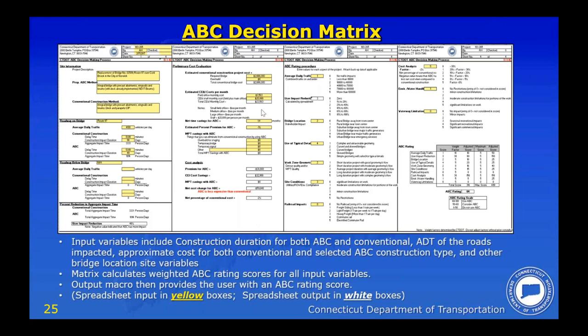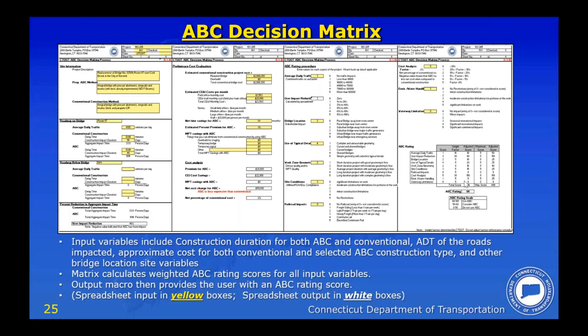We talked about our cost table sheet here that compares ABC and conventional, and then the other 8 parameters are basically reflected in these cells here in the final ABC rating evaluation.